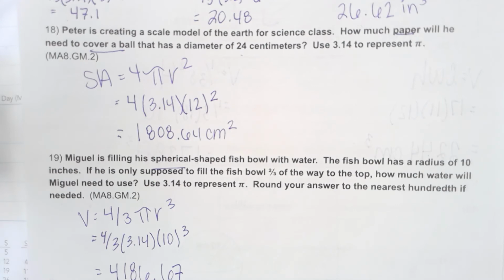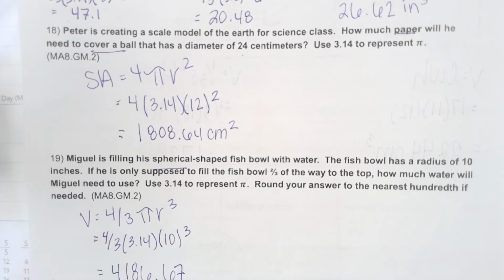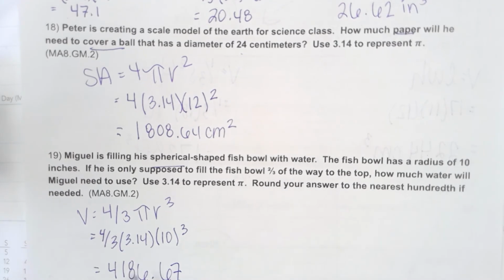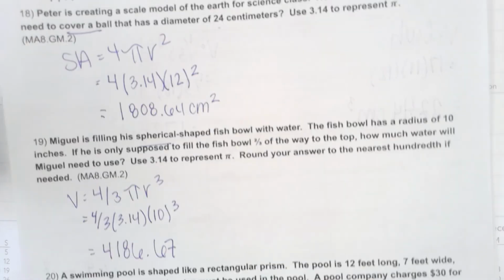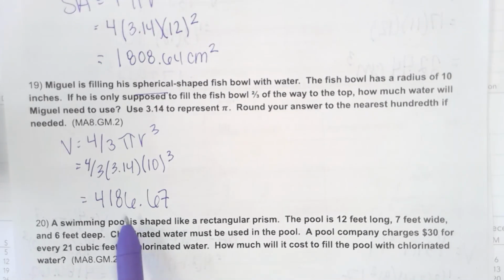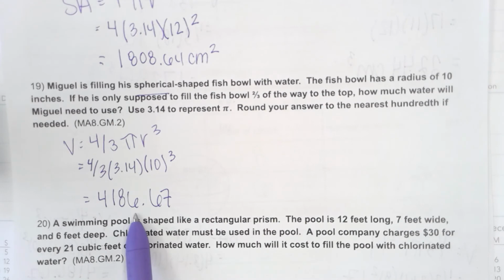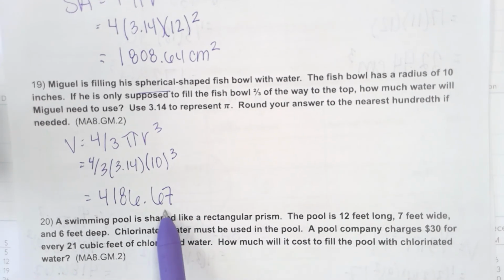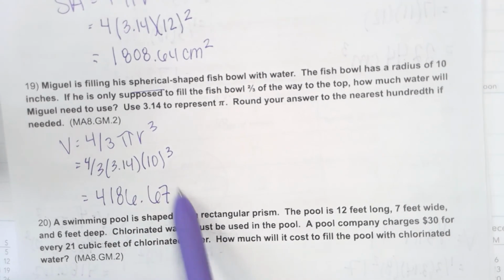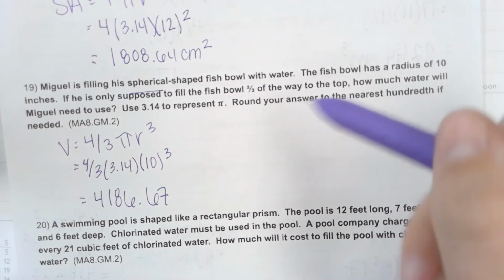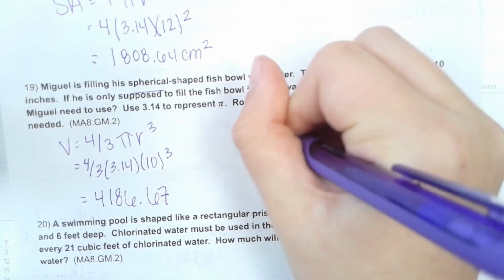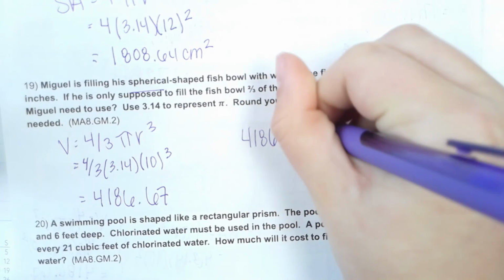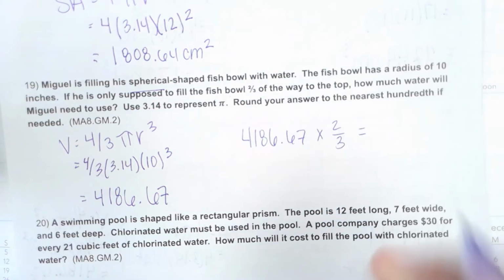Then that's not our answer because they only want us to fill the fishbowl 2/3 of the way to the top. This number right here is if we fill it all the way to the top. So our last step, if we only want it 2/3 of the way full, is to take the volume of the entire sphere, times it by that 2/3, and that will tell us how much water we will be putting in the fishbowl.